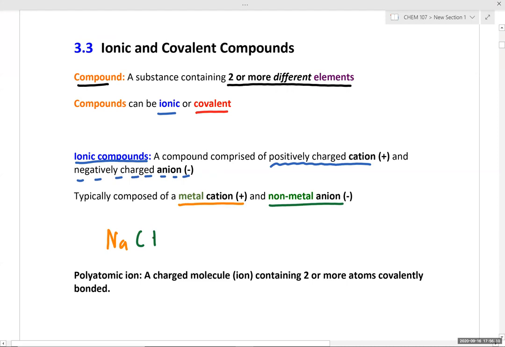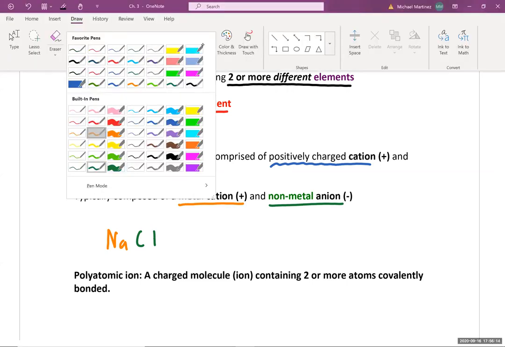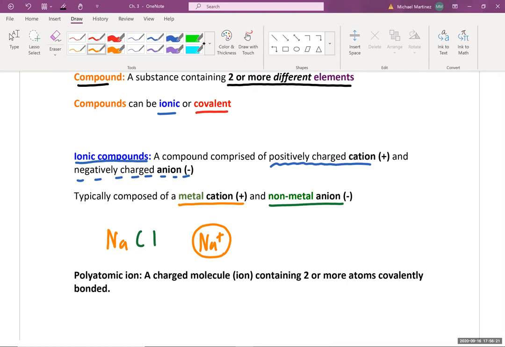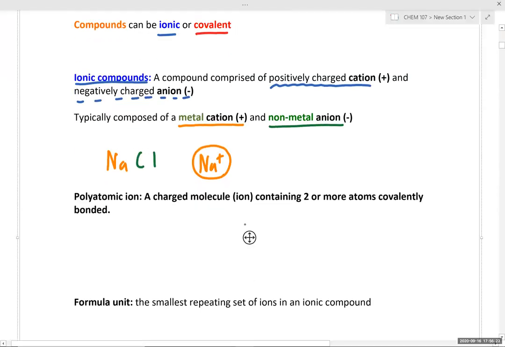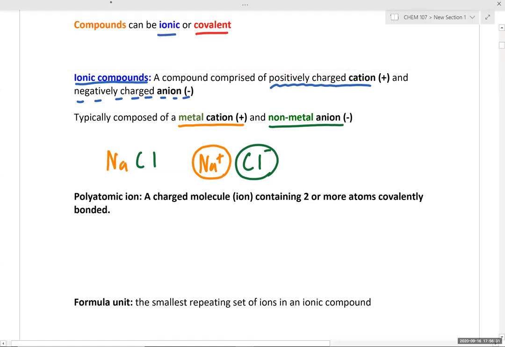where we have our sodium cation, which is Na+, associated with our chloride anion, which is Cl-. So we typically have a metal and a non-metal in an ionic compound. It doesn't have to be a 1-to-1 ratio.